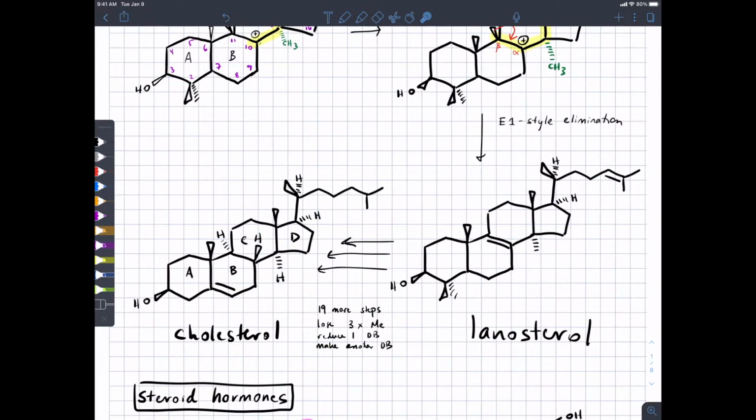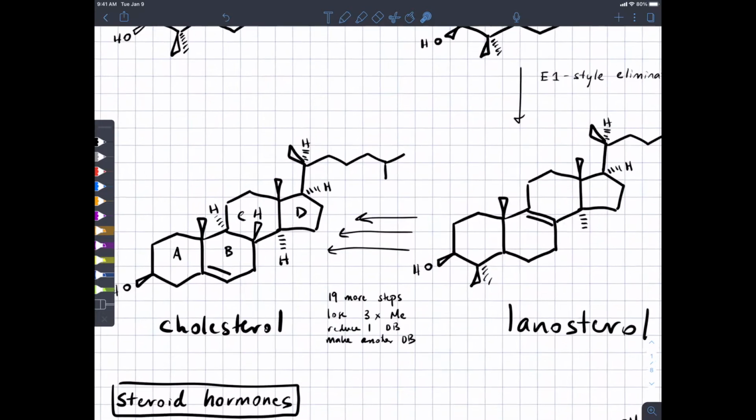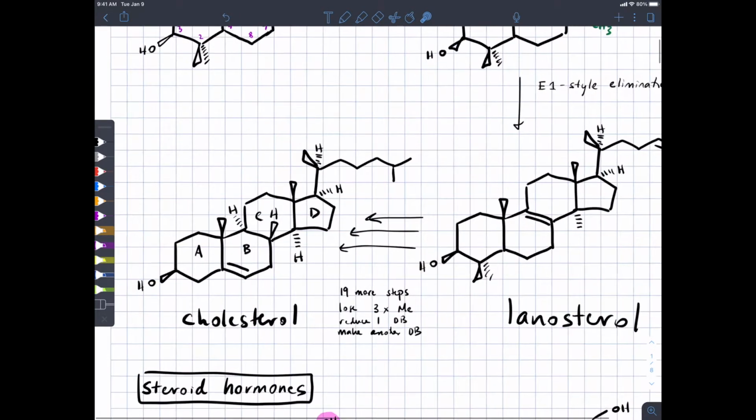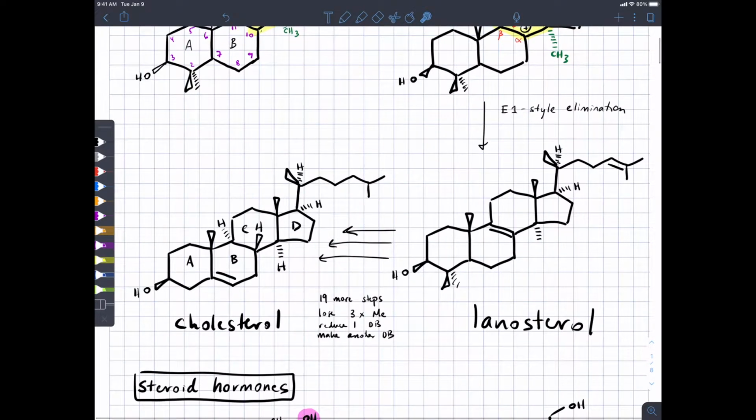So the structure remains very similar, but it's actually about 19 different steps to lose 3 methyl groups, this one here and these two, reduce one double bond, and then move this double bond over here. But you do all of that and then you have cholesterol, which itself is the precursor for a lot of interesting molecules.